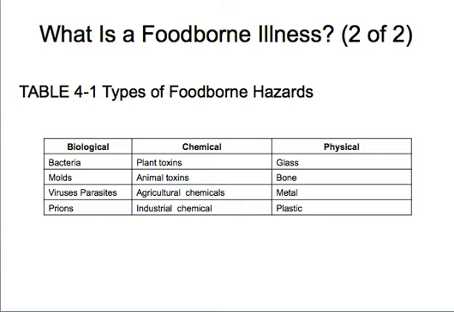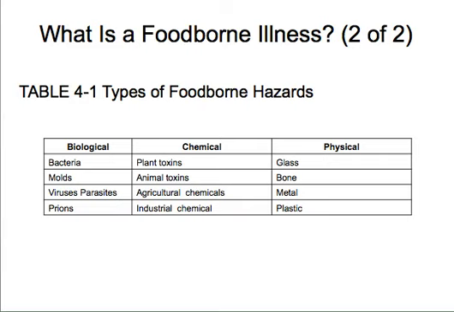So on the earlier slide, I mentioned that there are biological, chemical, physical, and radiological types of foodborne hazards. So this table breaks those down. Biological might be bacteria, molds, viruses, parasites, and prions, which are all explained in detail in your text.